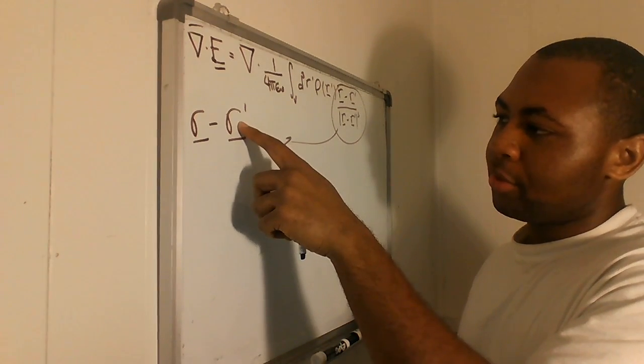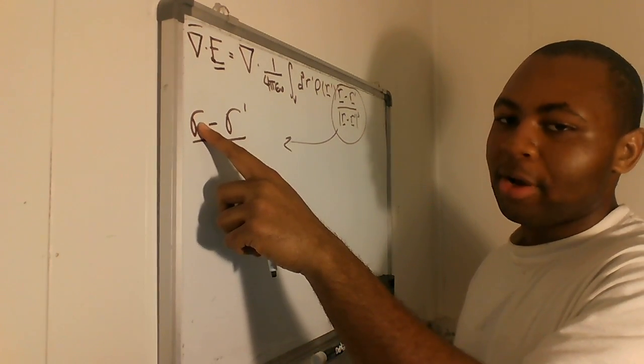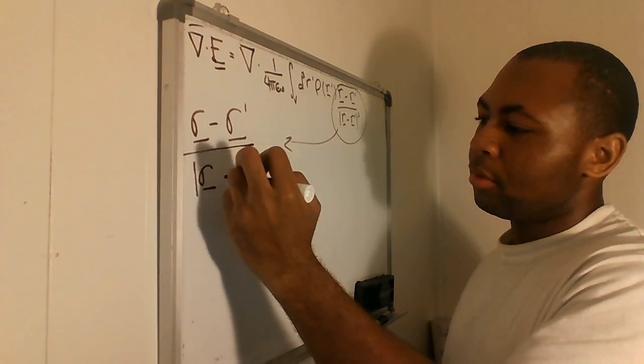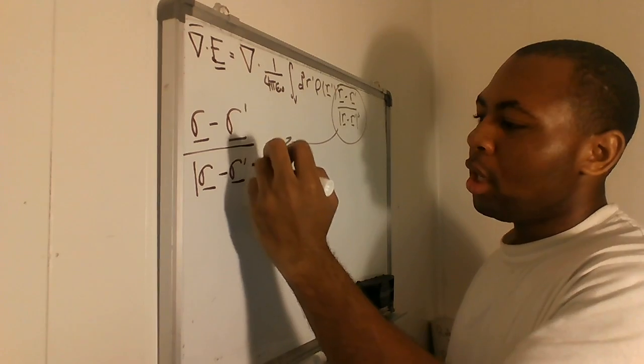So we get the position of evaluation minus the position of the charge, over the magnitude of the difference cubed.